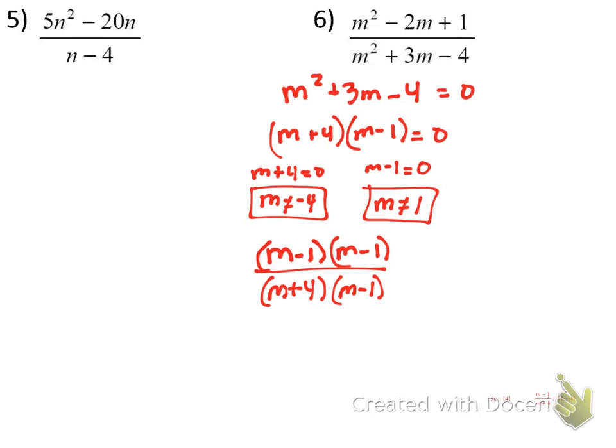And then you're going to notice you have m minus 1. You can cancel out here and here. These binomials we can't cancel out, so we have m minus 1 over m plus 4. Okay, and we know that m can't equal negative 4 or 1.